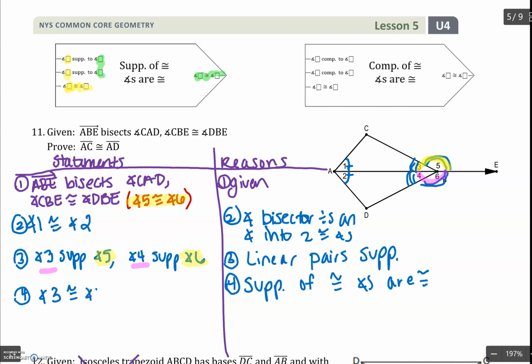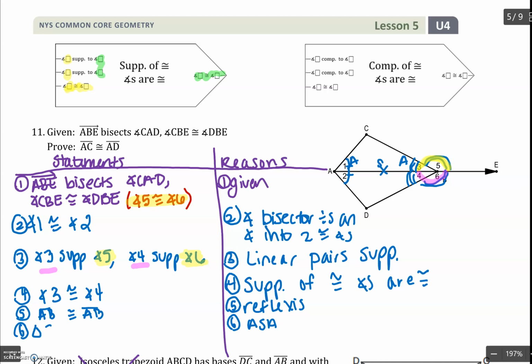And now I have an angle pair in the triangle, so I can use those to prove the triangles are congruent. I also have reflexive because those triangles are sharing side AB. So AB is congruent to AB. And now I have enough to show that my triangles are congruent by angle side angle.